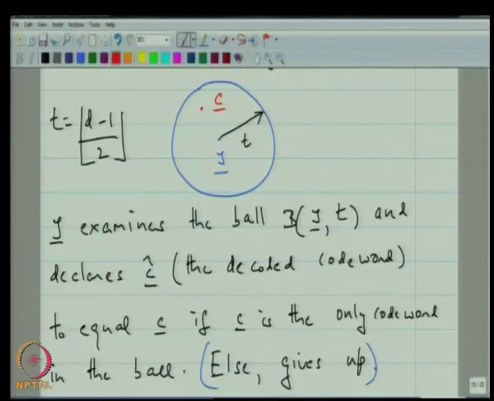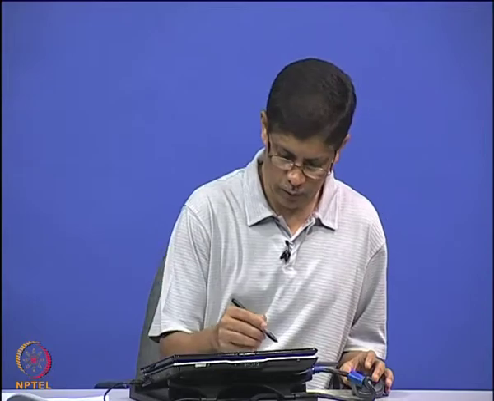It's not possible that there are two code words, because then the Hamming distance between the two code words would be no larger than 2t, which is less than the minimum distance. So what could happen is there could be no code word within this ball, in which case it just gives up. So such a decoder is called a bounded distance decoder. Now you might say, well, what else is there? I mean, what other kinds of decoders are there?